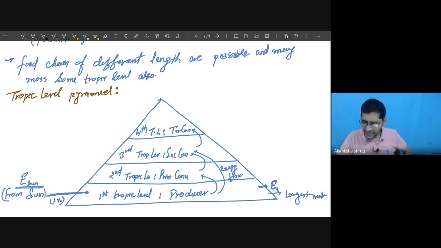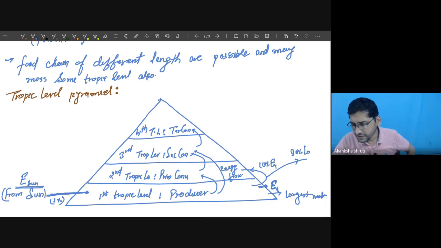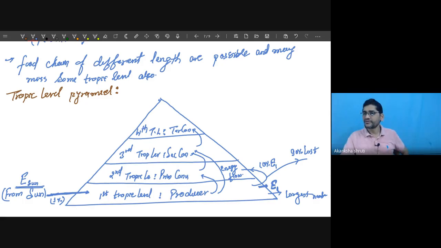Then it is found that from trophic level 1 to trophic level 2, only 10% of this E1 will pass. So 10% of E1 will go to the second trophic level. Then where will the remaining go? The 90% is lost, by death or into the environment.